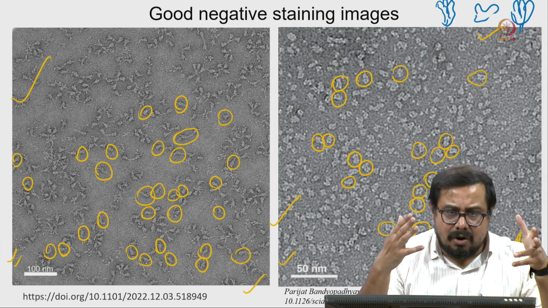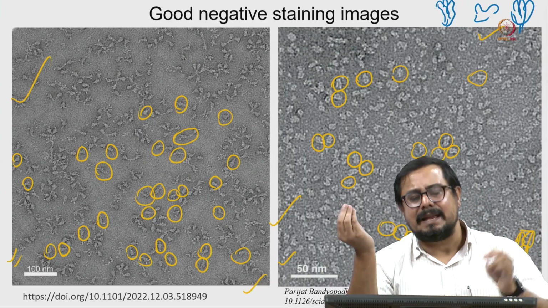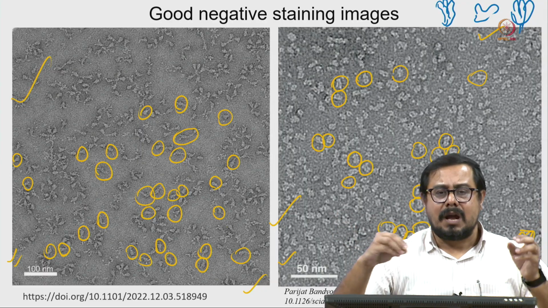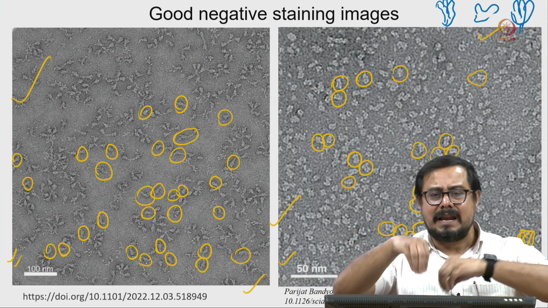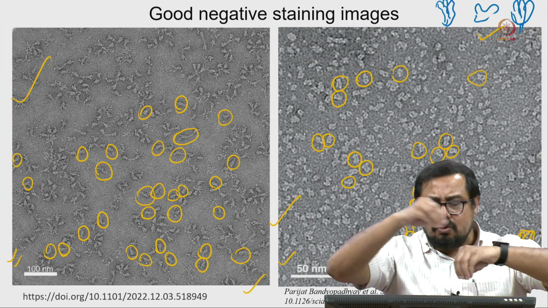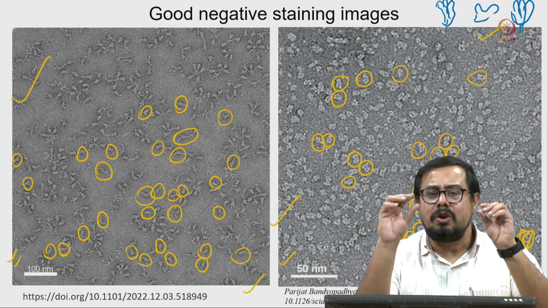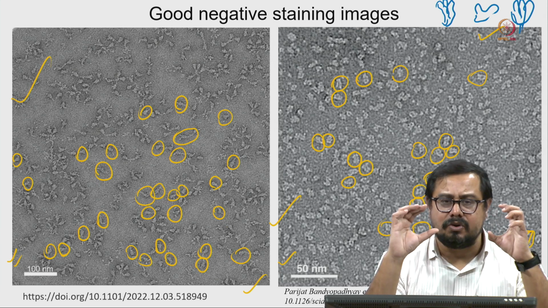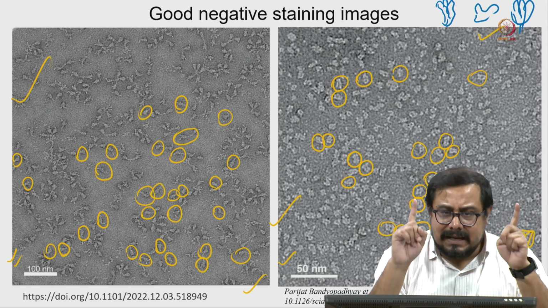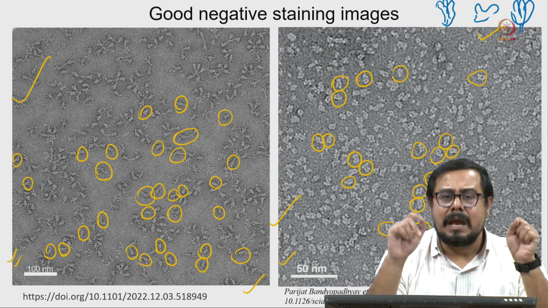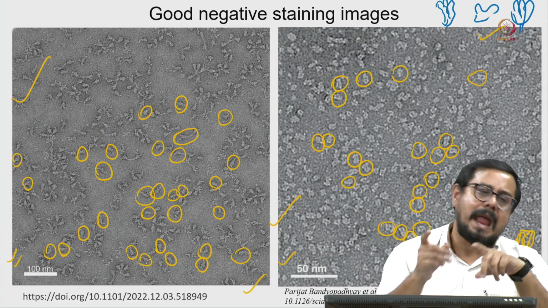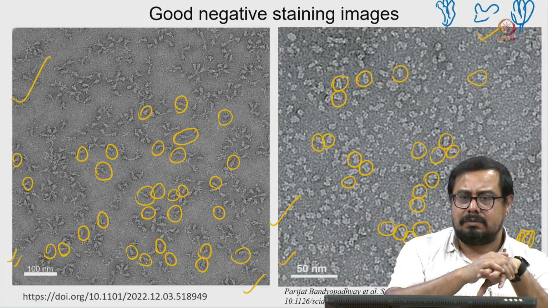But in cryo-electron microscopy we prepare the sample in such a way that our protein stays in a liquid condition. So, it will be embedded in amorphous ice, and it will keep its overall morphology intact. So, that is one of the major differences between negative stain and cryo techniques.